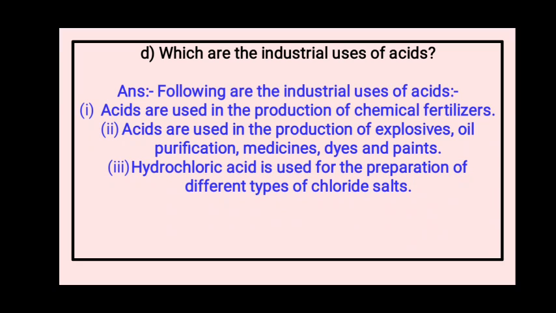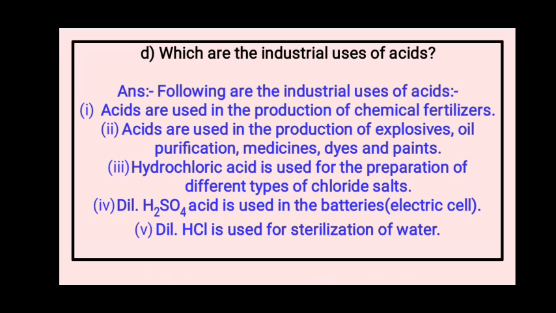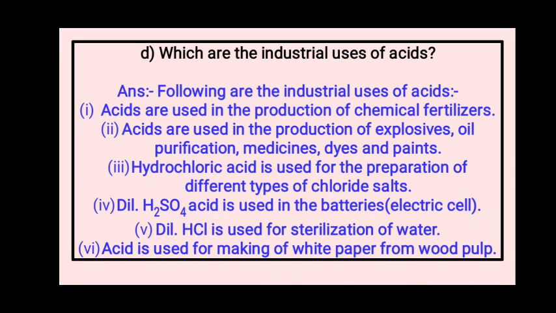Hydrochloric acid is used for the preparation of different types of chloride salts. Dilute H2SO4 acid is used in the batteries, that is electric cell and all. Dilute HCl is used for sterilization of water, and acids are used for making of white paper from wood pulp. So these are the uses that you can write for fourth one.